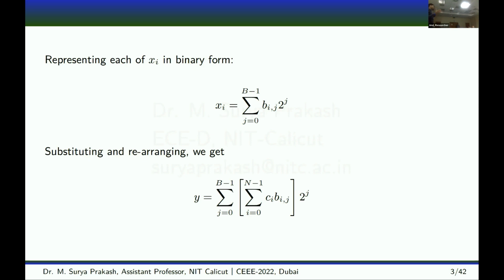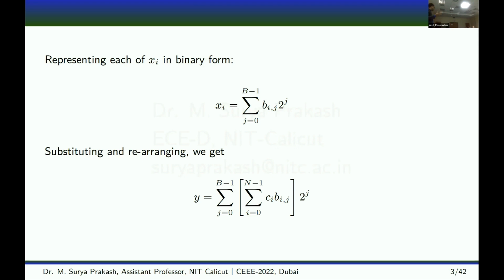If j is negative, this will be a left shift operation, and if j is positive, that will be a right shift operation. Clearly we can see from this expression that just by using shift and addition operations, we will be able to compute the dot product. That's the reason we say distributed arithmetic.